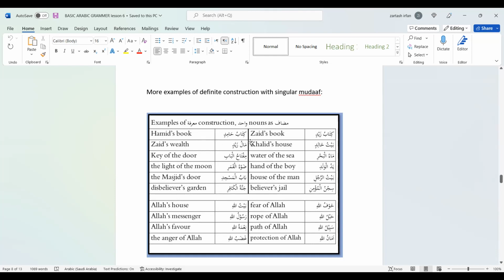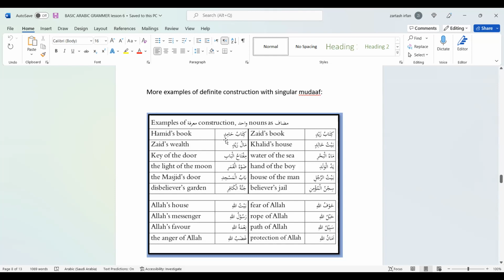Look at this: Hamid's book, Kitabu Hamidin. This is the phrase with the word of, or in English we can have apostrophe s, or we can put of. We can say the book of Hamid, Kitabu Hamidin. Look at the kasra here. As I told you, the mudaf ilayhi will always be in the state of jar, or majroor.